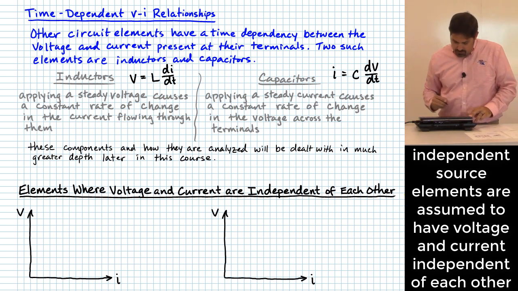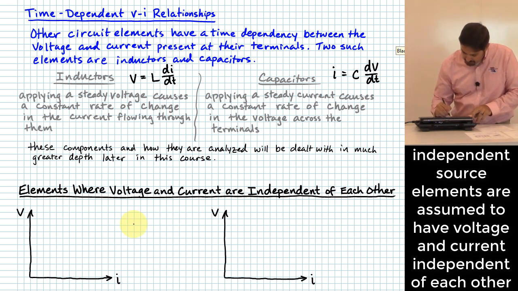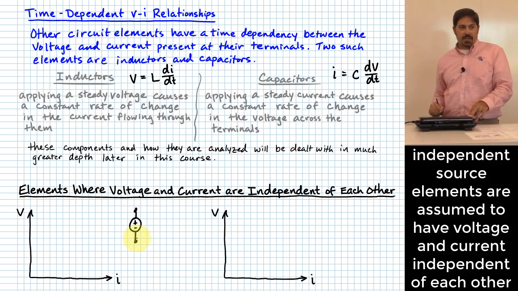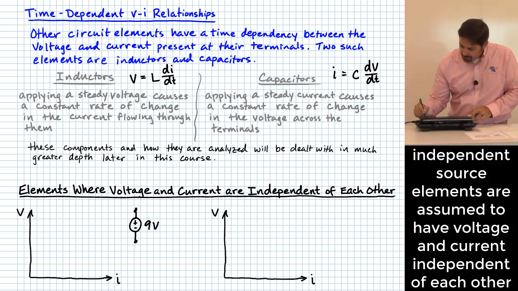Like what? A voltage source, right? Let me draw that right here. A voltage source says I'm going to hold a particular voltage regardless of how much current flows. So let's give it a value. Let's say this is a 9-volt voltage source.